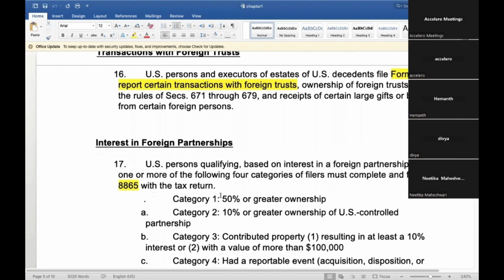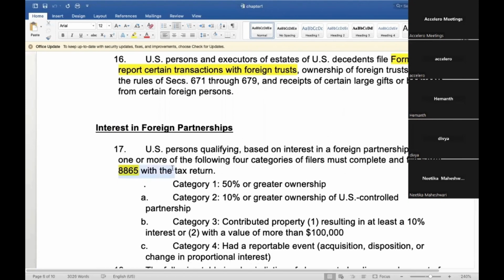Foreign partnership, Form 8865, is again a very, very common form. A lot of times, having a partnership is more common than having private limited companies, especially in the Indian context, because it's very easy to create and maintain. So we always need to ask the client whether they are holding a partnership position.